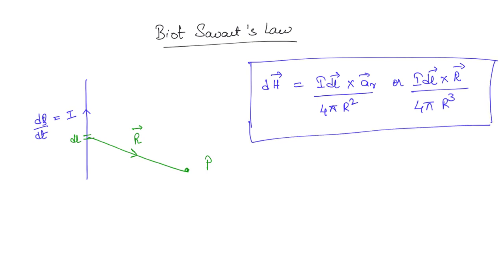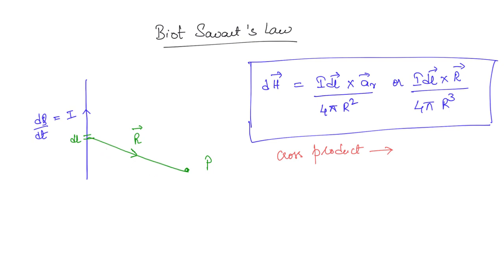Now one important thing that you need to know here is what is the direction of dH bar. Once you know how to get the direction of the cross product, then you can get the direction of dH bar. If you draw these two vectors, I dl bar is going to be in this direction, and r bar is in this direction.